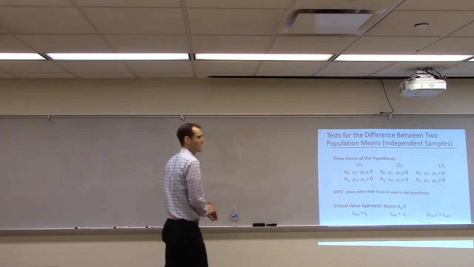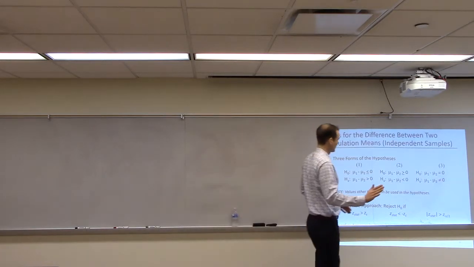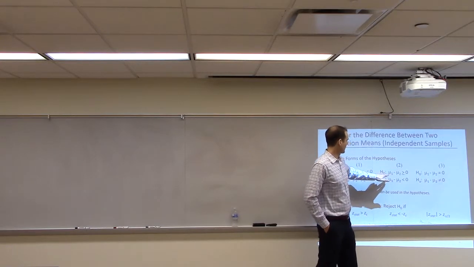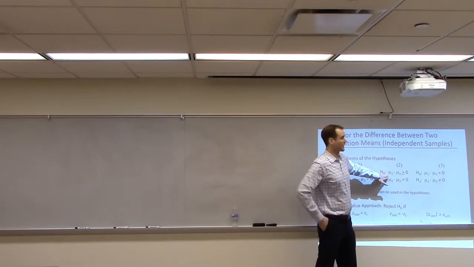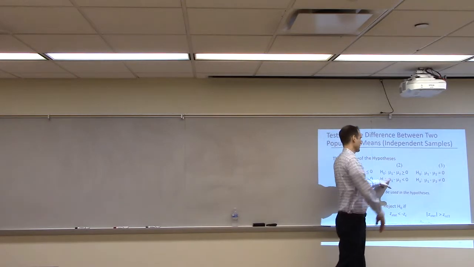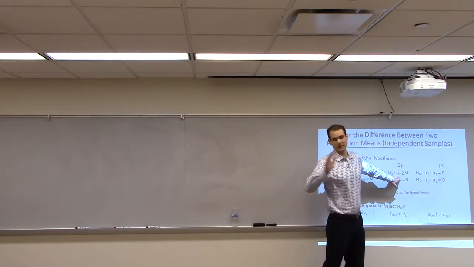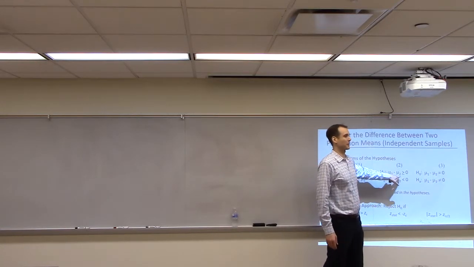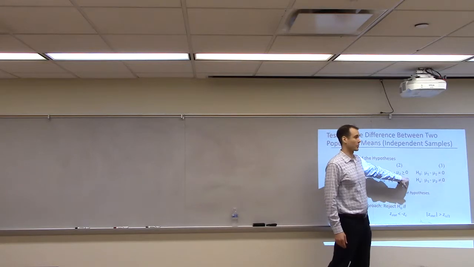Suppose you want to get crazy and say, I in fact think that town 1 is bigger than town 2. The income in that place in New Jersey is bigger than the income in this place in New York. So if I subtract this one from this one, I'm going to get a number greater than 0.